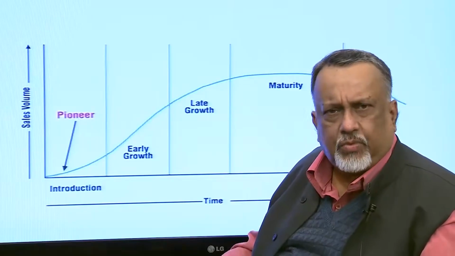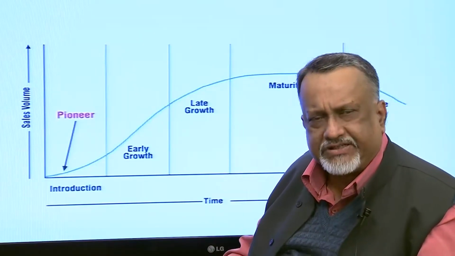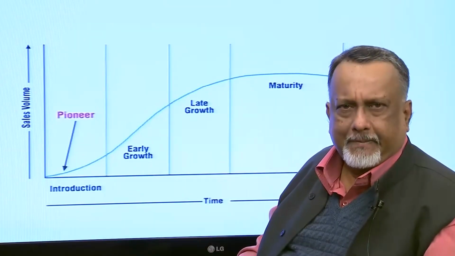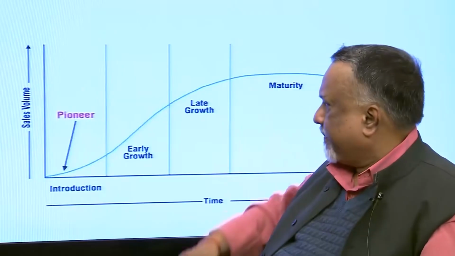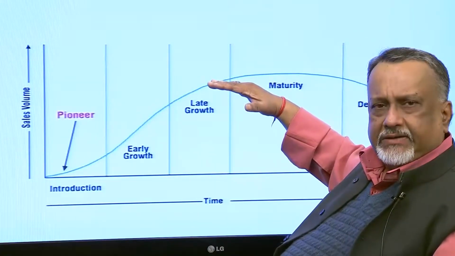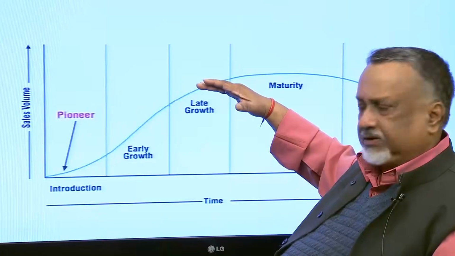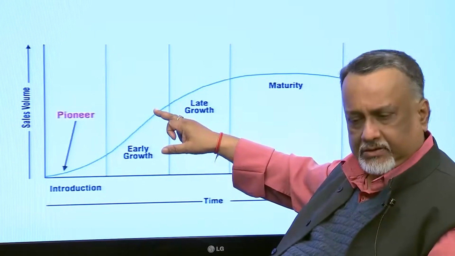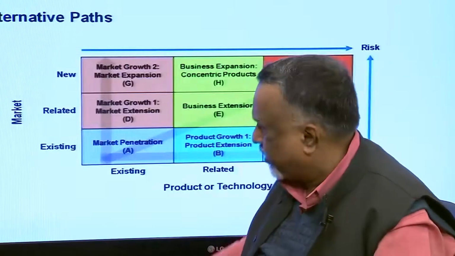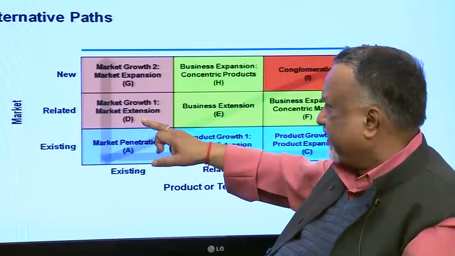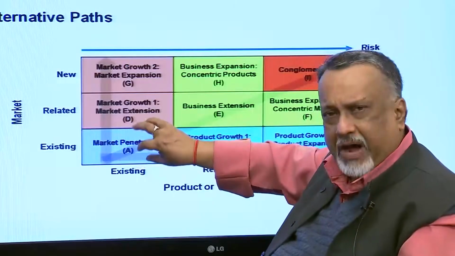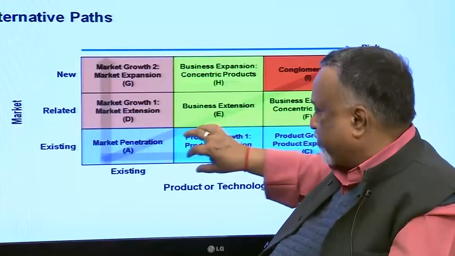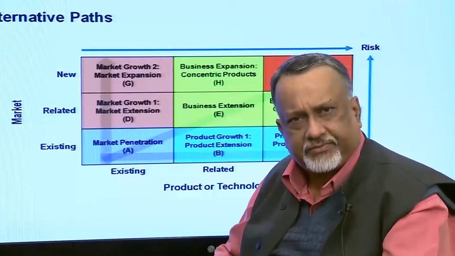Most products, most technologies, most companies, they follow this trajectory. Now, obviously, for a company or for a product, for a technology which is here, your major strategies for marketing will be towards market penetration, market growth, product growth, business extension.